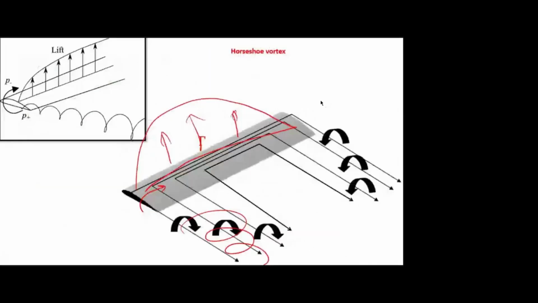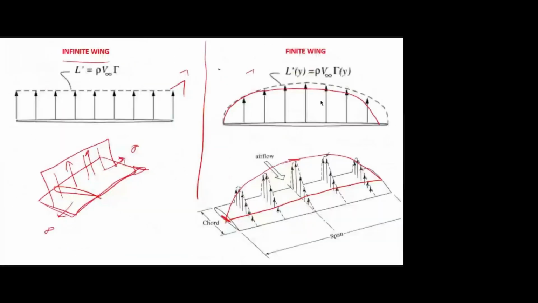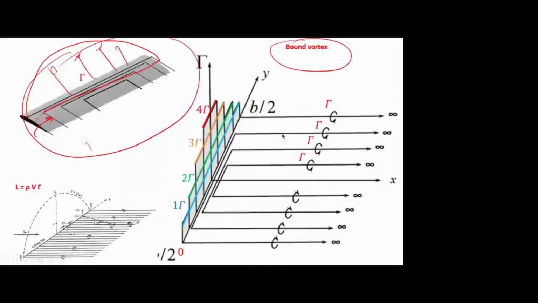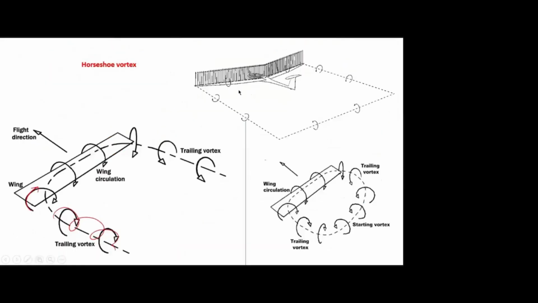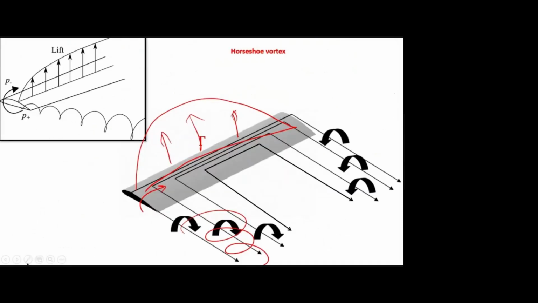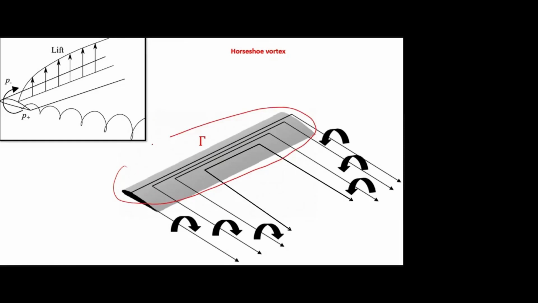That's it, some basic theorems are over. Any doubt? Horseshoe vortex, bound vortex, lift distribution. In the bound vortex, what can't we find? In the bound vortex, the extensions are cancelled, so we cannot simulate the tip vortices. In the bound vortex, we are taking only the wing portion.